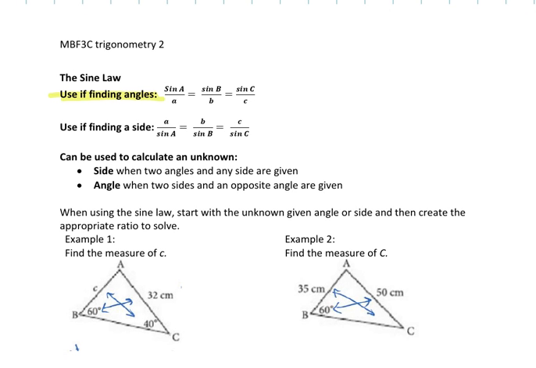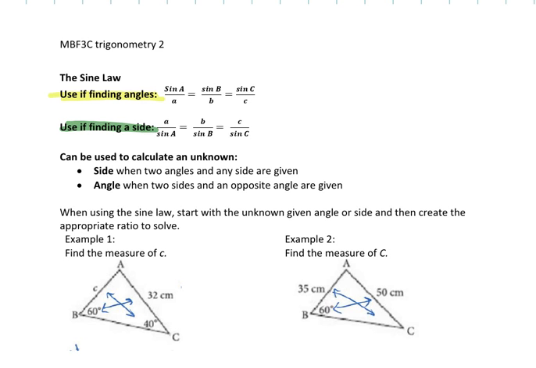Anytime you're finding a side, you are going to use this formula, which is the side on the top: side A divided by sine A, side B over sine B, and side C over sine C. So I can solve for the side if I'm given two angles and any other side.